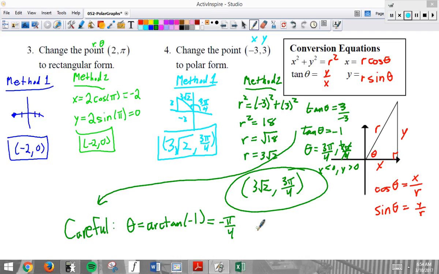But this is wrong. It's still the right reference angle, but this is totally wrong, right? We're looking at this picture, and we would want this equivalent version of it. So don't just use arctan. Don't overuse it. Careful.